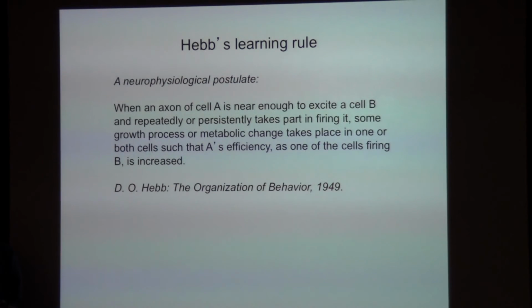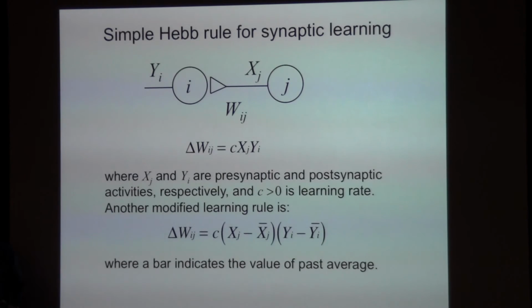The simplest form of this Hebb rule is written like this. If you have two neurons, this is neuron j, and there's a synapse to neuron i. The mathematical form is extremely simple: you change the weight based on the product of the two activities. Here, if the activity is just 0 and 1, where 0 means not active and +1 means active, this formula will be appropriate.